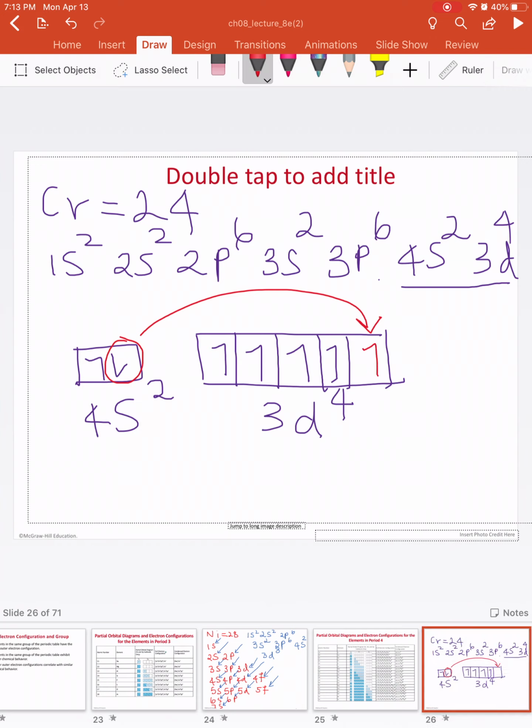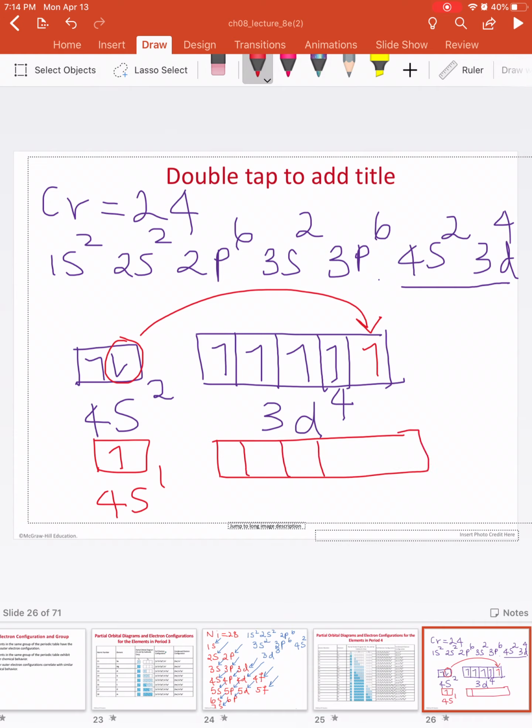If it moves here, we're going to end up having 4s1 instead of 4s2. Now you have 4s1. And then the 3d, instead of 3d4, it would become 1, 2, 3, 4, 5. It would be 3d5.